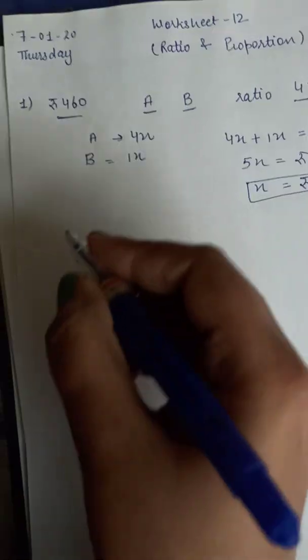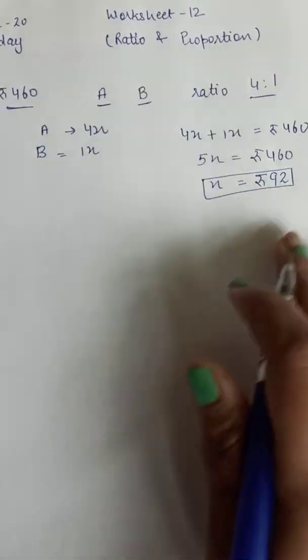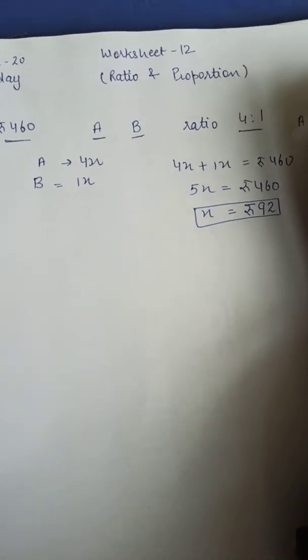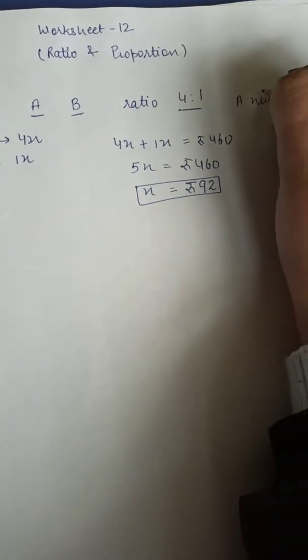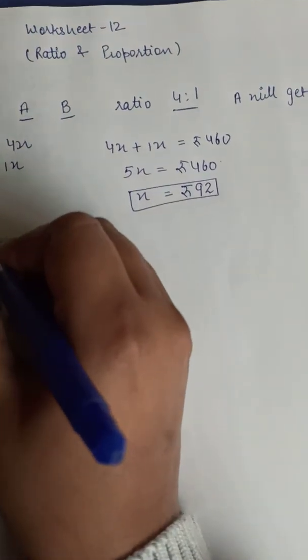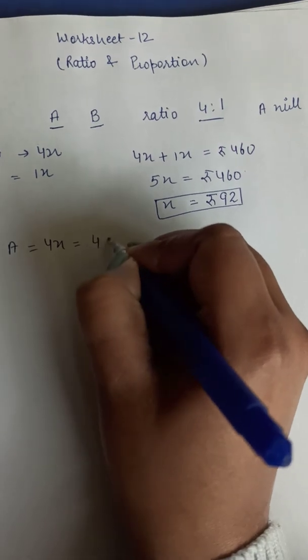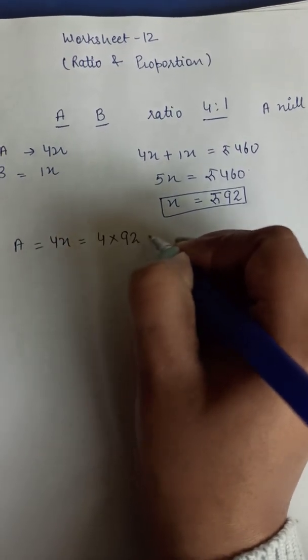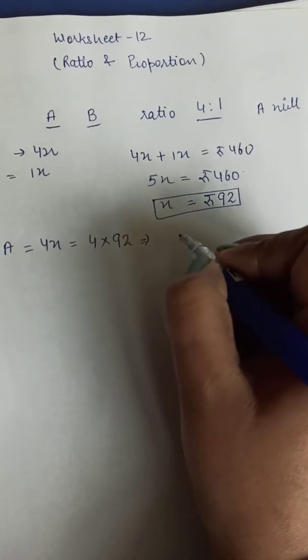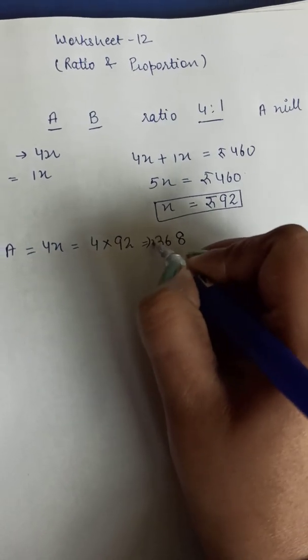Now put in here, because we have to find that A will get how much, right? So here A equals to 4x means 4 multiplied with 92. So it equals to 4 2s are 8, 4 9s are 36.